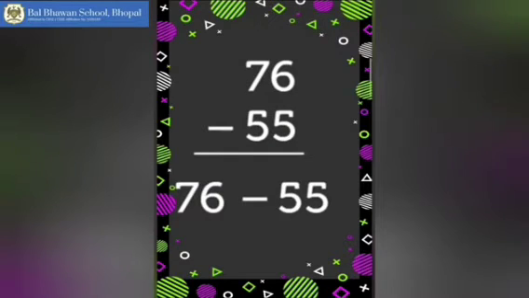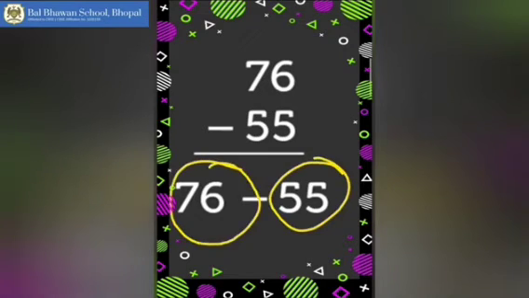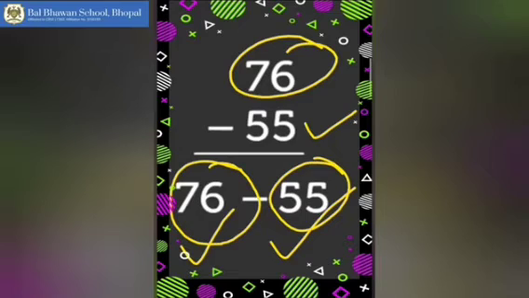Here, children, it is possible to take away 55 from 76, as 55 is a smaller number and 76 is a greater number. So it is always possible to take away a smaller number from a greater number.